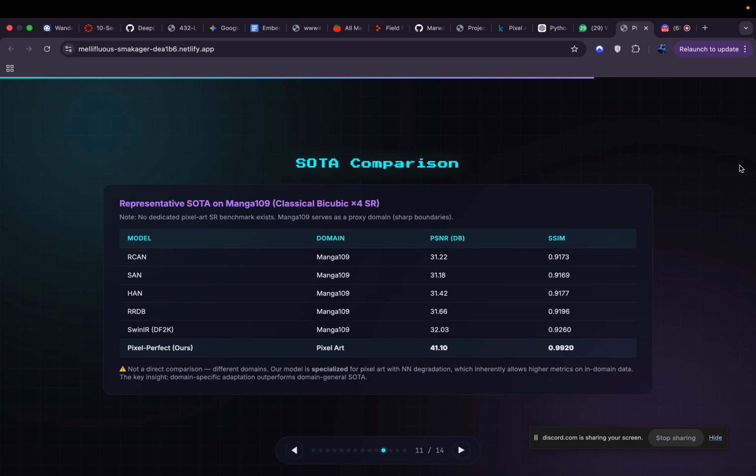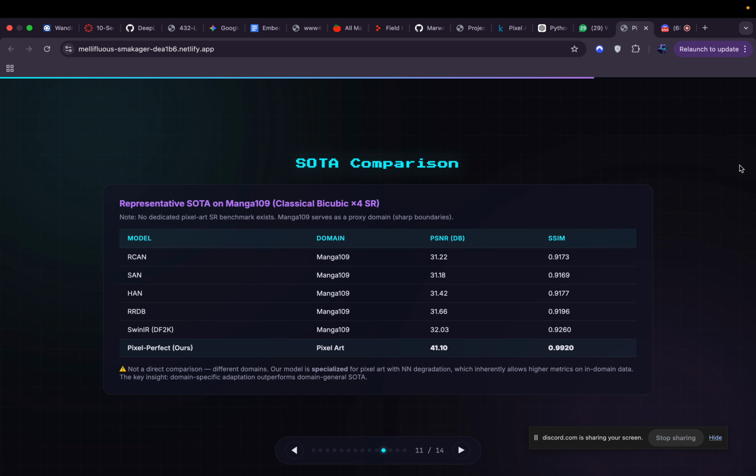Okay, so for the SOTA comparison, for context, we compare against state-of-the-art results on Manga109, which serves as the closest proxy benchmark. It has sharp line art and clean boundaries. The best SOTA model is WinIR, trained on DF2K, which achieves 32.03 dB PSNR and 0.926 SSIM on Manga109.